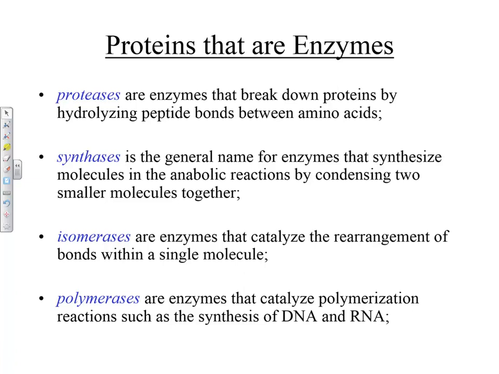Adenosine diphosphate, add a phosphate group onto it, you can get adenosine triphosphate. So that would be catalyzed by a synthase, and that would not be a polymerase. Polymerases are DNA polymerase and RNA polymerase. They form DNA and RNA from individual nucleotide units. But you're right, polymerase also synthesizes something, so that is also a synthase, yes.